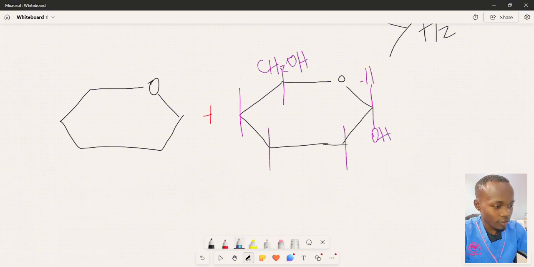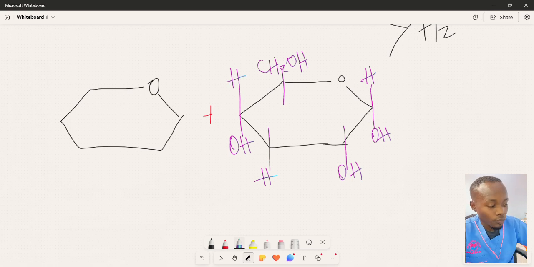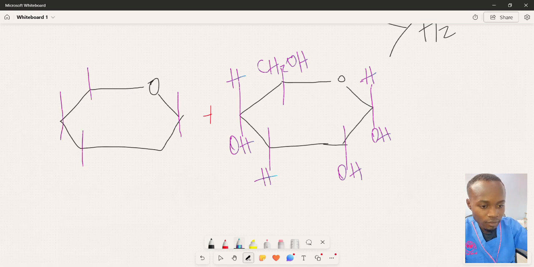We are going to have H here, and down here we are going to have OH, H, OH, and here also H. So that one is for alpha glucose, and this other side we are having beta galactose.